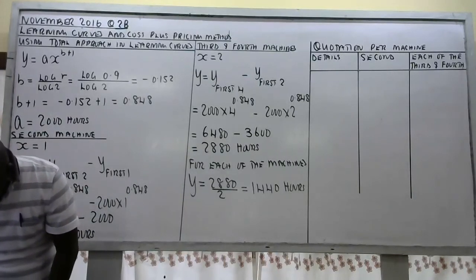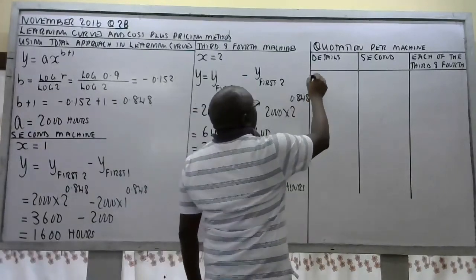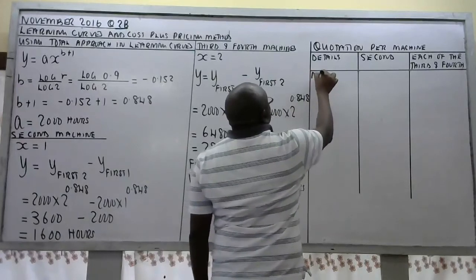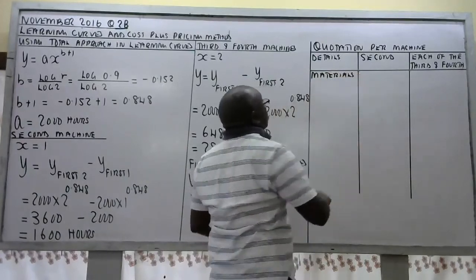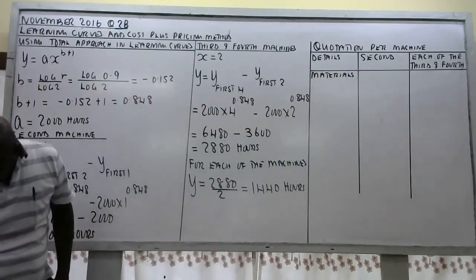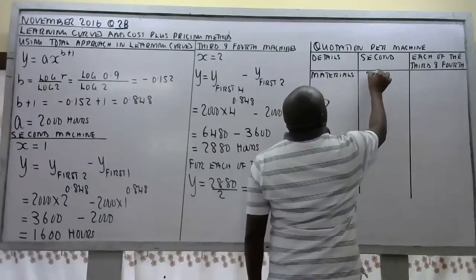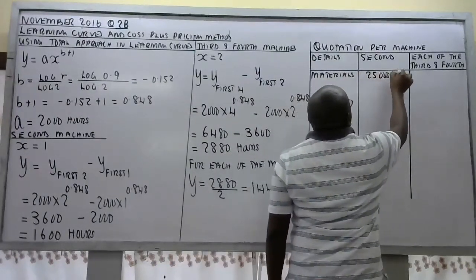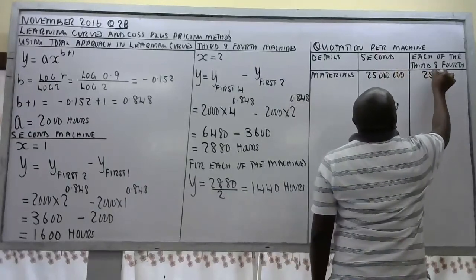So according to the question, we have materials. Materials is 25 million. The same case here.